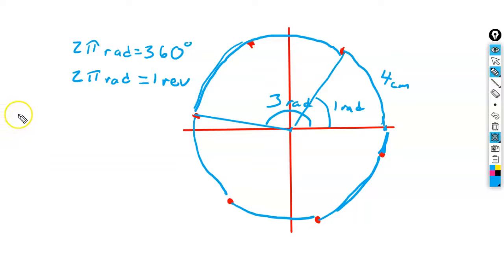Okay, so let's say we have a problem where it says that something spins around 3.5 revolutions. We need to think about this just like any other dimensional analysis problem. So I would just write down 3.5 revolutions.